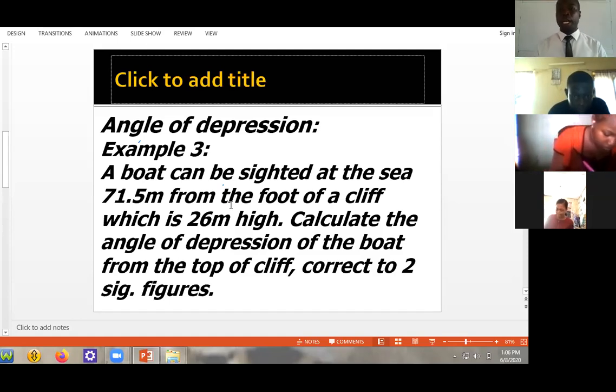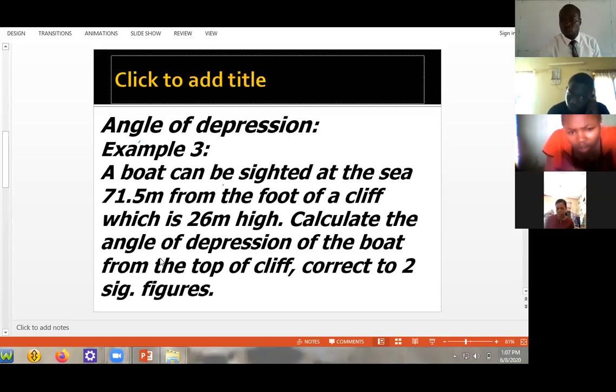A boat can be sighted at the sea, 71.5 meters from the foot of a cliff, which is 26 meters high. So what is the height of the cliff? The height of the cliff is 26 meters.